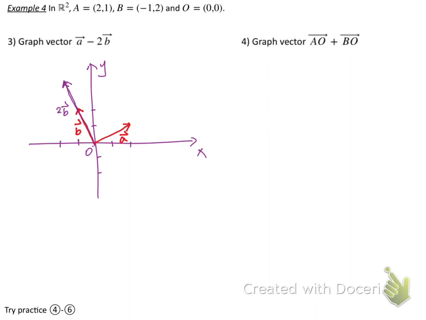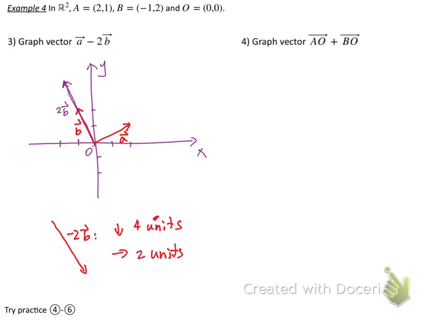So if you look at negative 2B, what happens is you go downward 4 units. And you go to the right 2 units.